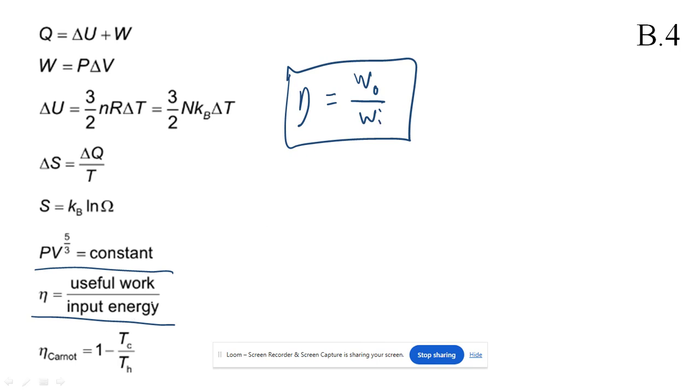And then if you have this perfect Carnot cycle, then you get the Carnot efficiency. And Sadi Carnot proved that this is the most efficient that two different temperatures can create. And it's 1 minus the cold temperature, of course in kelvins, over the hot temperature.